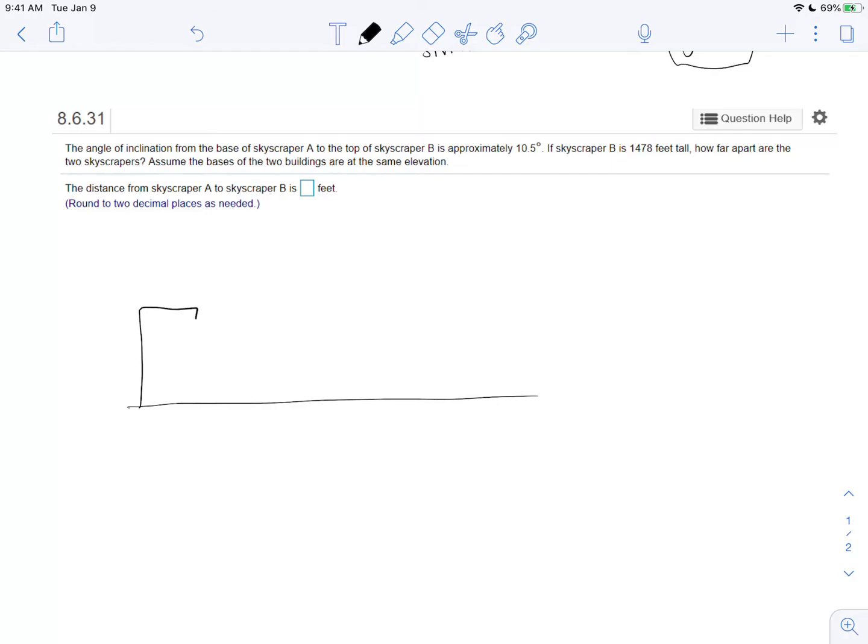Here we have skyscraper A, and over here we have skyscraper B, right? And it says from the base of skyscraper A to the top of skyscraper B has an angle of elevation of 10.5 degrees. So this is 10.5 degrees.